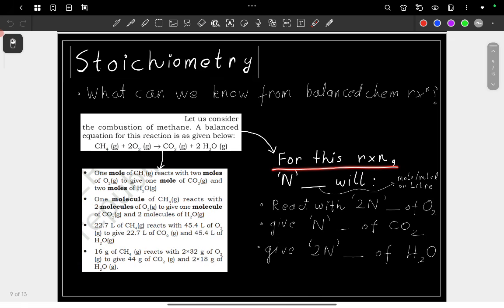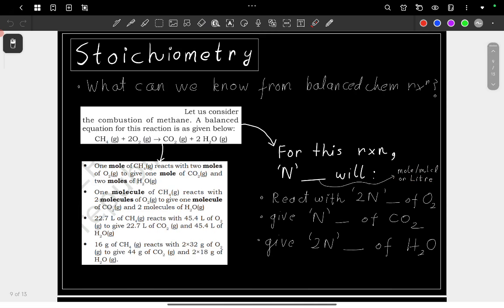In this reaction, if I take n number of something, where something is mole, molecule or liter, the volume occupied by the gas, then n number will react with 2n number of O2, which means the stoichiometry of a reaction never changes.